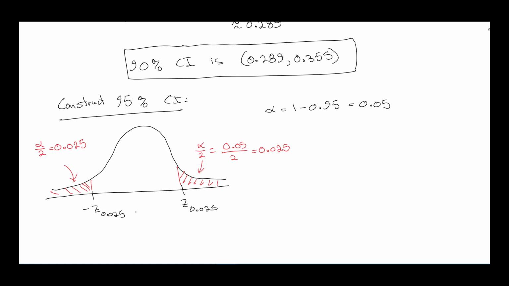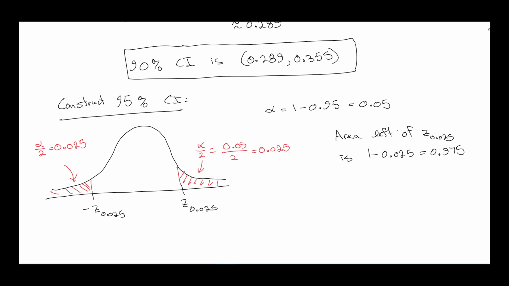Okay, and so now we need to find the critical value. So now we need to look up the area that's to the left of that critical value. So the area left of z.025 is going to be what? 1 minus 0.025, which is 0.975.